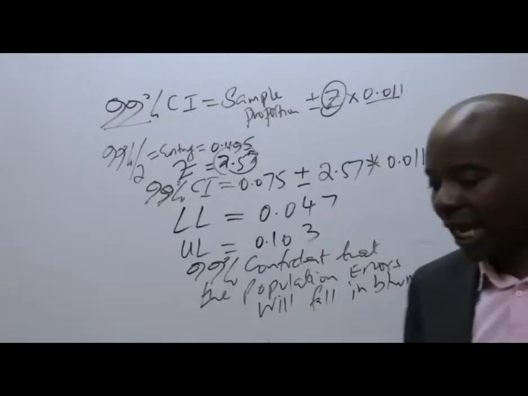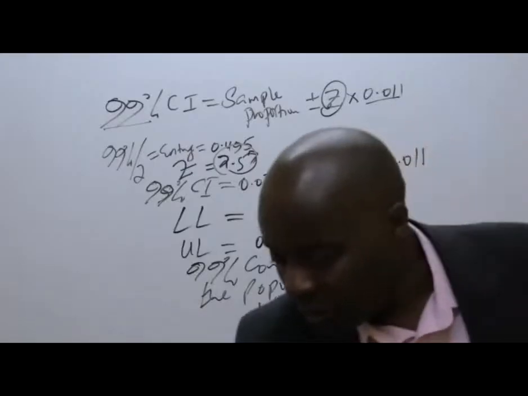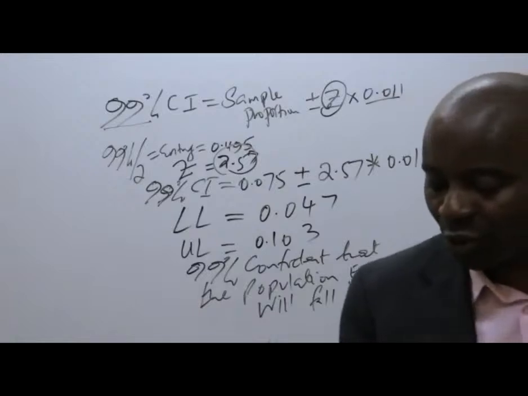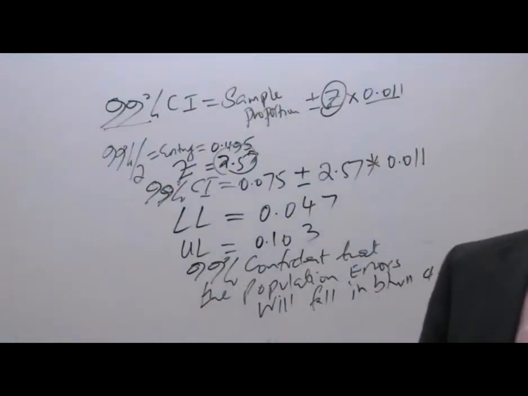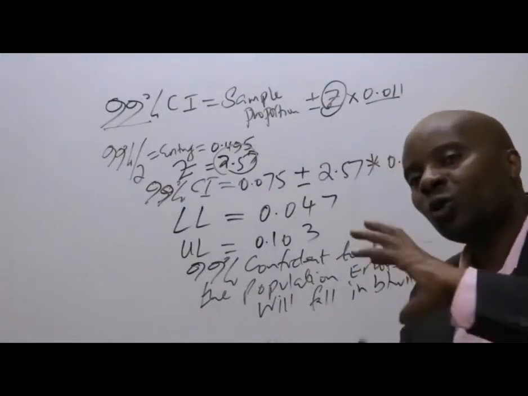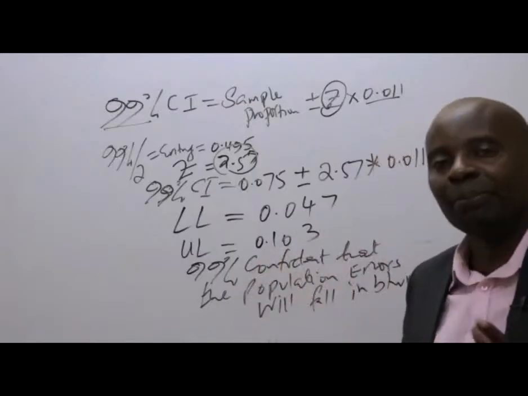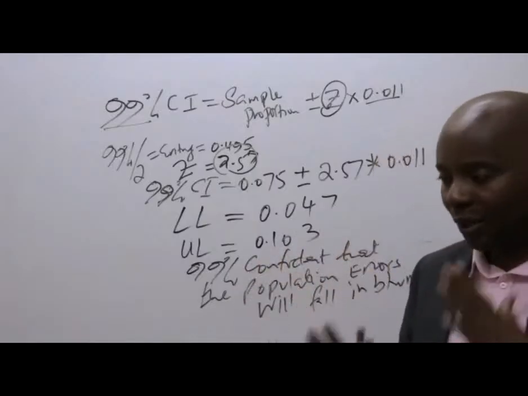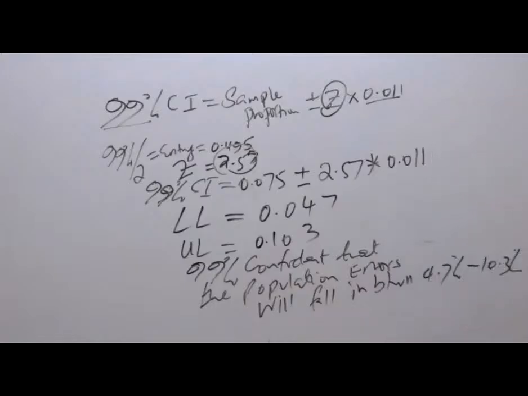We are 99% sure that should these people go through all the accounts of the company, they are going to get the errors fitting in between here. I've just multiplied this by 100.